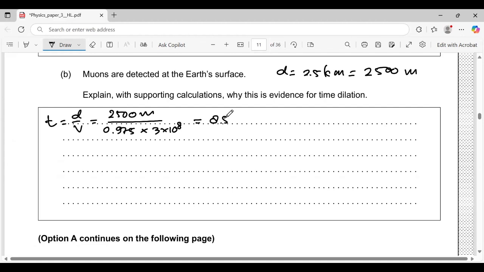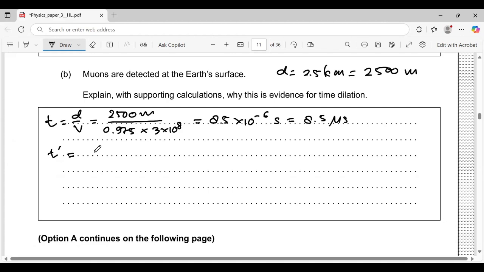It is 8.5 times 10 power minus 6 seconds, or 8.5 microseconds.